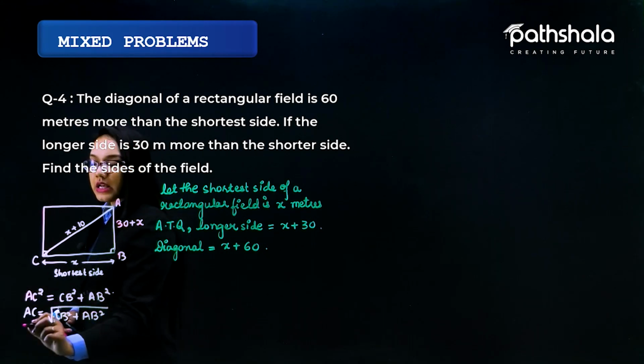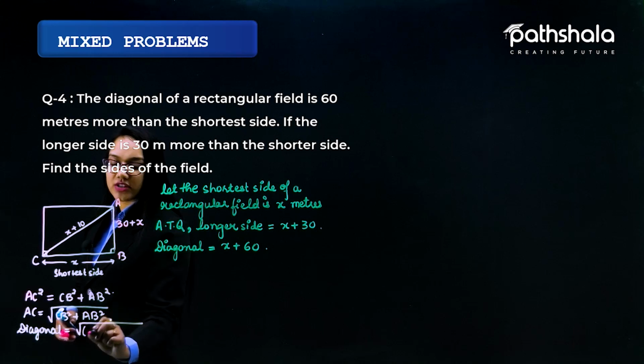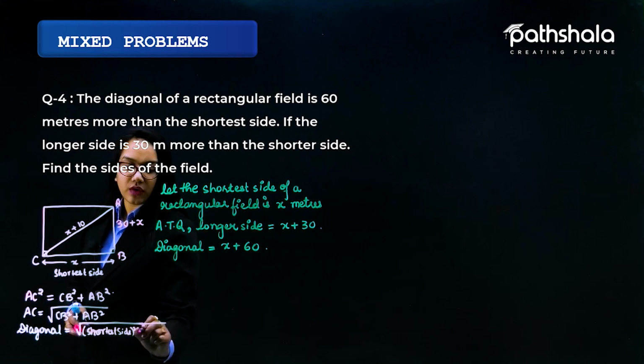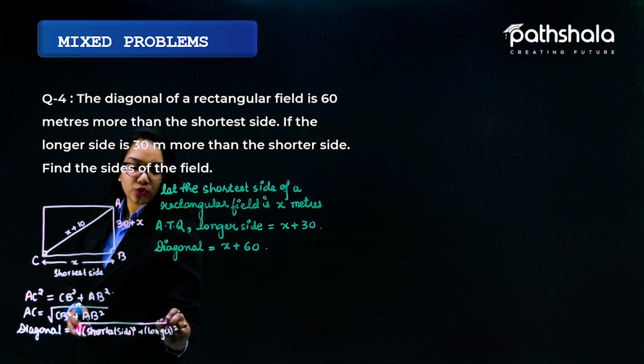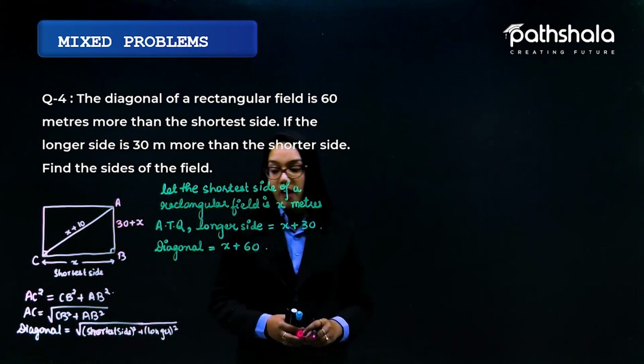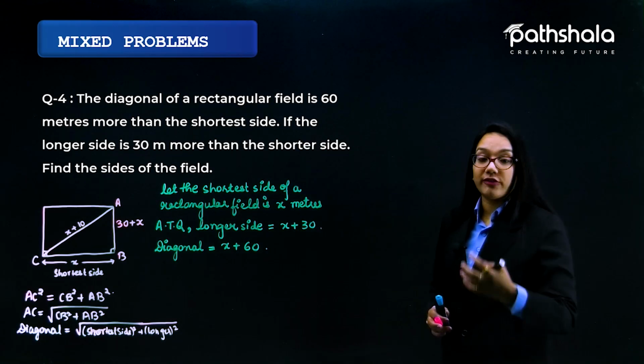So the diagonal is equal to the square root of the square of the shortest side plus the square of the longer side. Basically we are using the concept that the diagonal is equal to the square root of the square of the shortest side plus the square of the longer side.